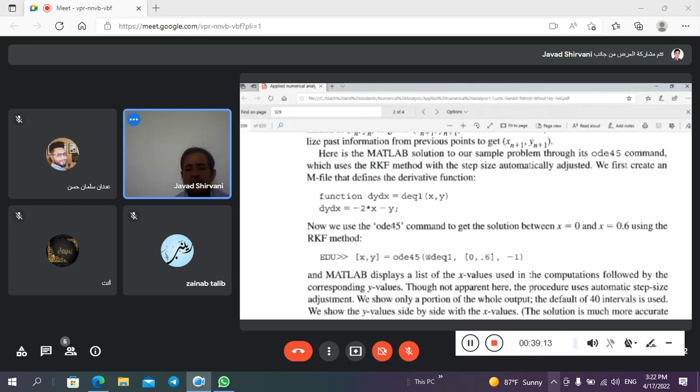But you can easily code these programs yourself, not using the MATLAB libraries.